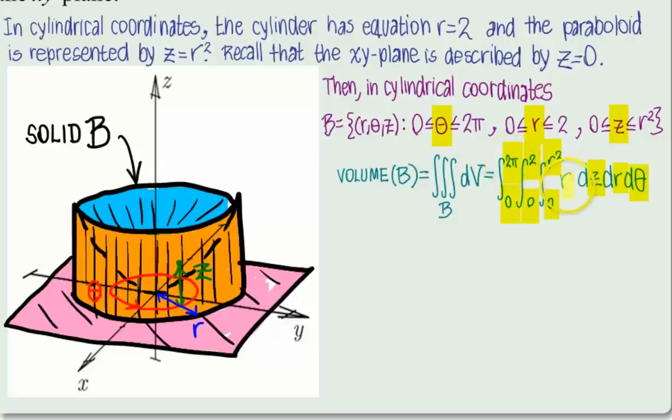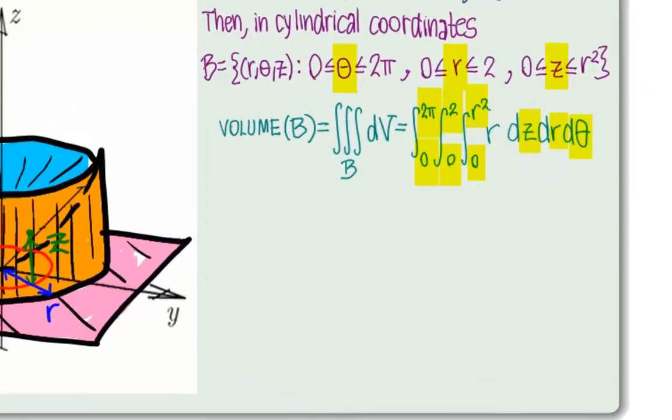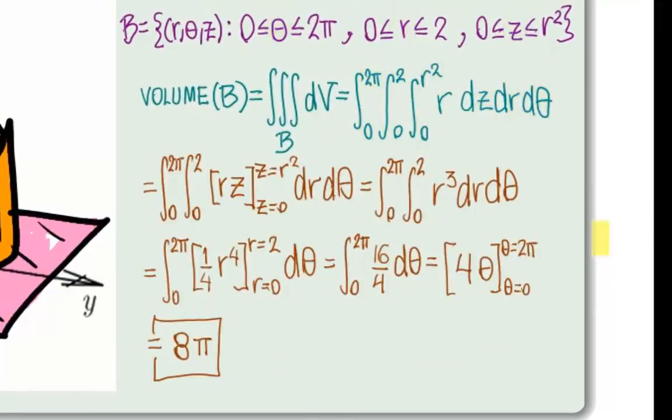Notice that here we have this extra r, and this extra r is given by the change of variables from x, y, and z to r, theta, z. So now we just do the evaluation. I'm not going to talk a lot about this, but at the end we end up with the answer 8 pi.